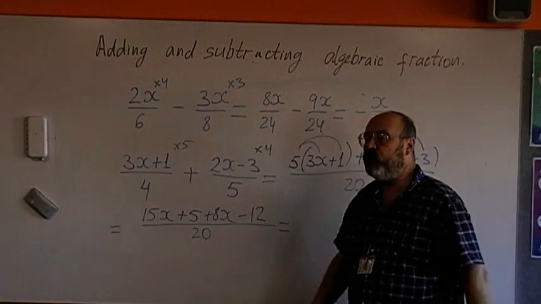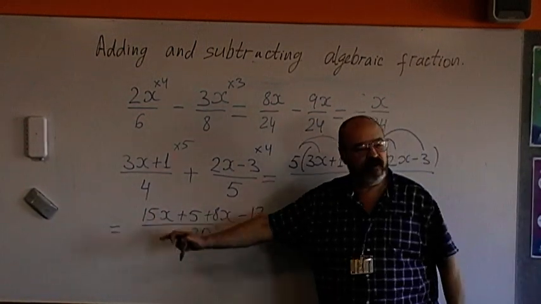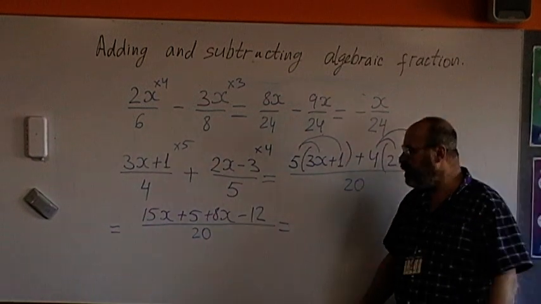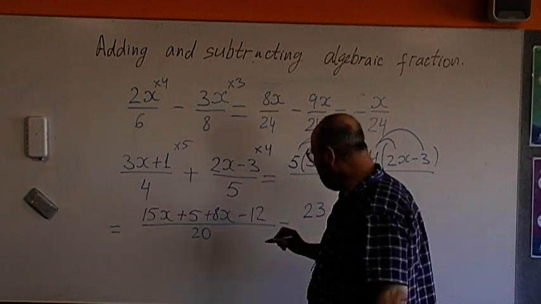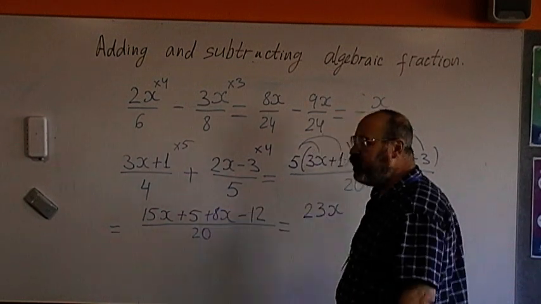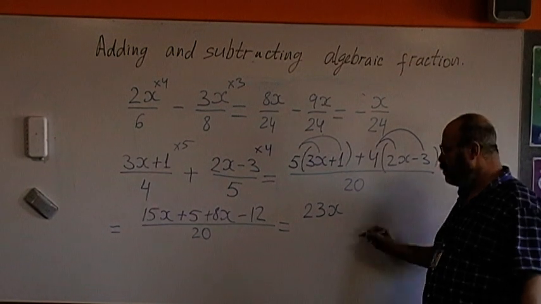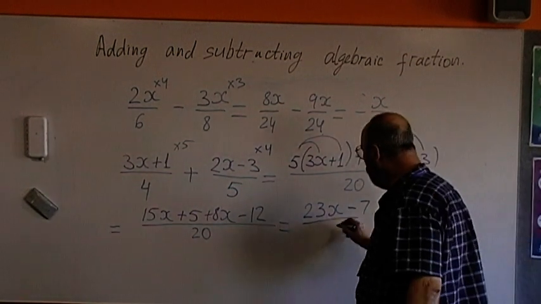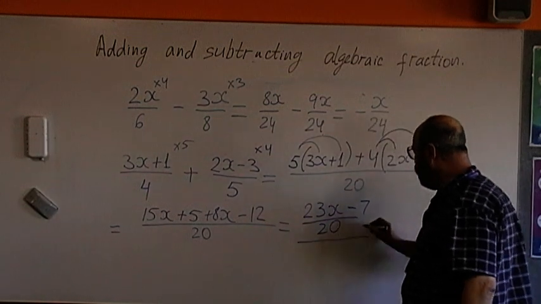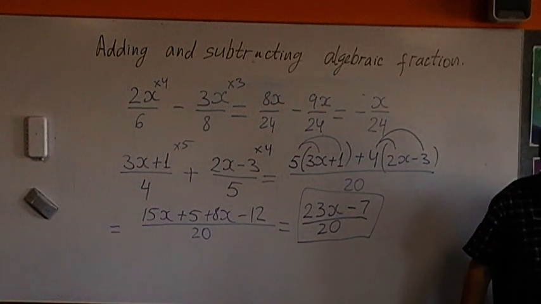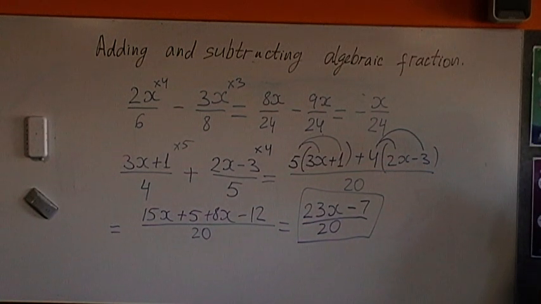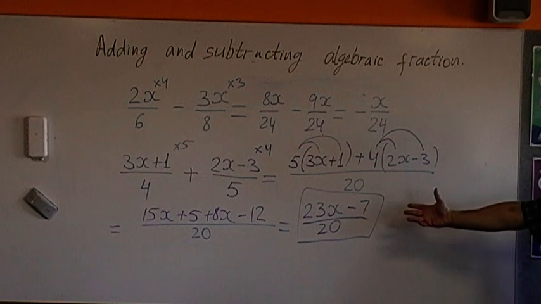Now we need to collect like terms. 15x plus 8x is 23x, and 5 minus 12 is minus 7 over 20. That will be the answer. We cannot do any more than that. Make sense? If you know what x is, we can substitute, but at this stage, it's done.